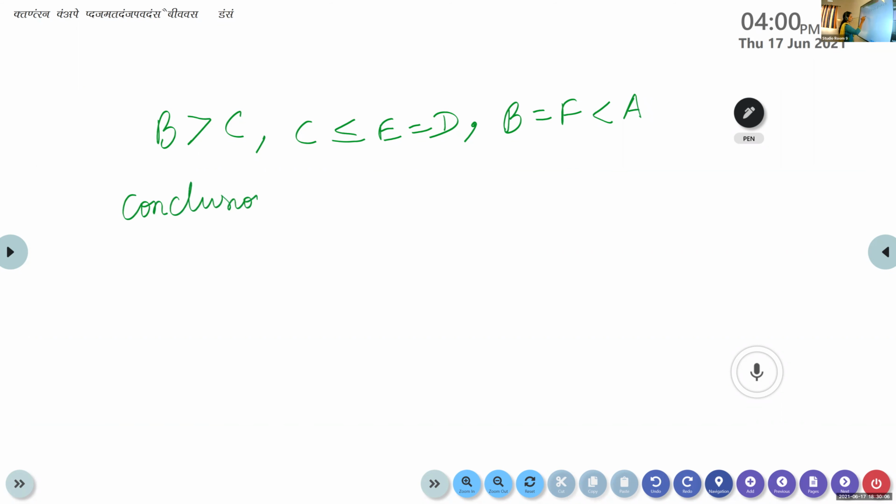And the first conclusion is A greater than C. And the second conclusion is E less than or equal to A.